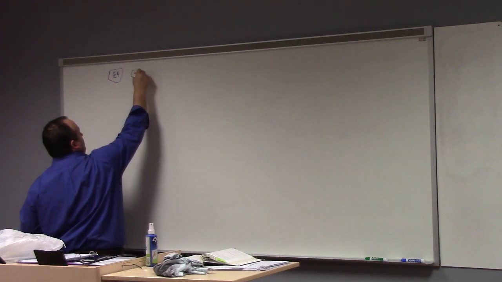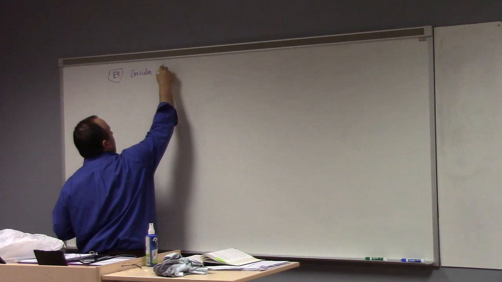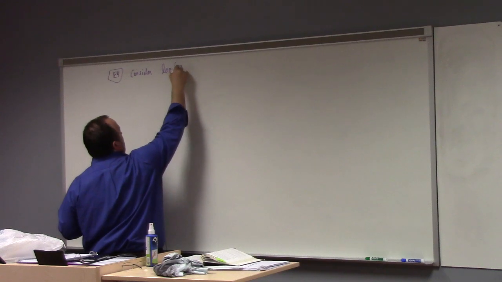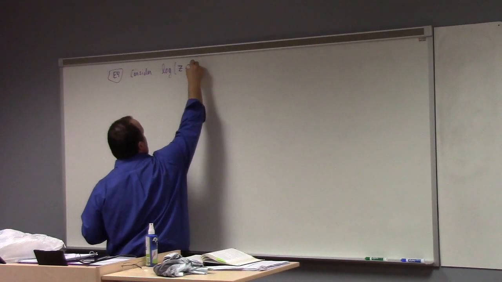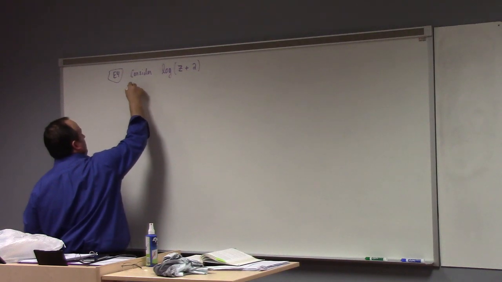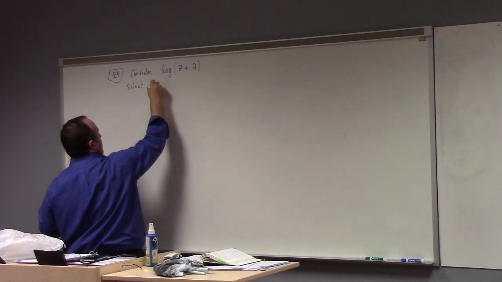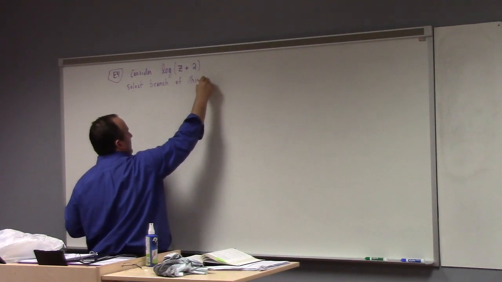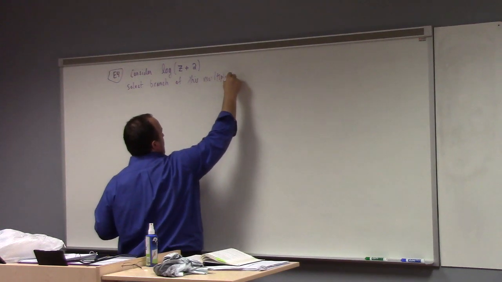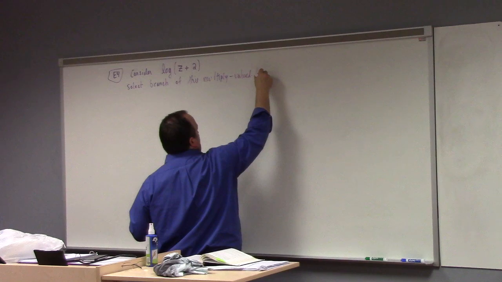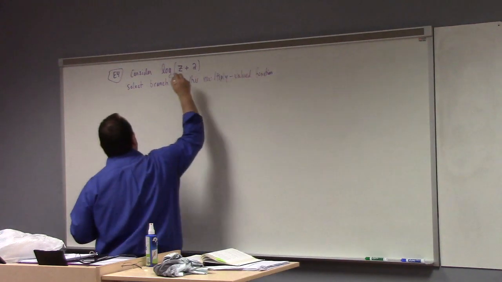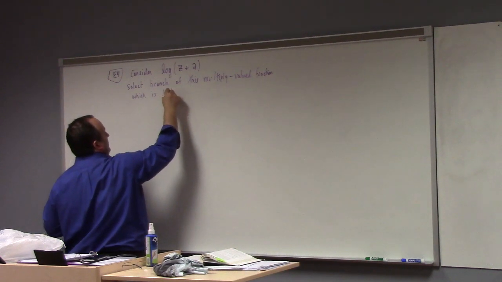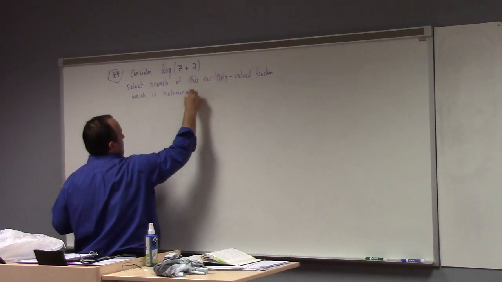So we're going to consider something like log of z plus 2. Select a branch of this multiply valued function which is holomorphic, which is to say complex differentiable, right?